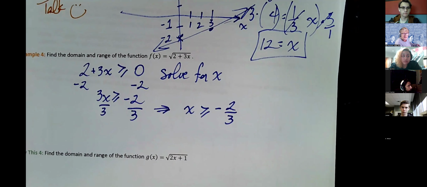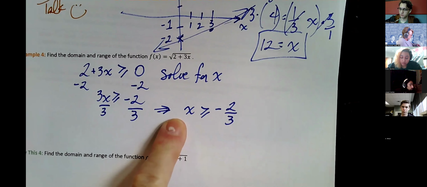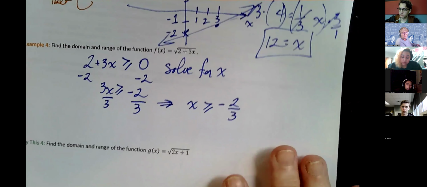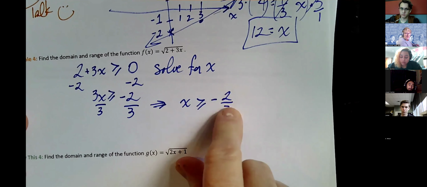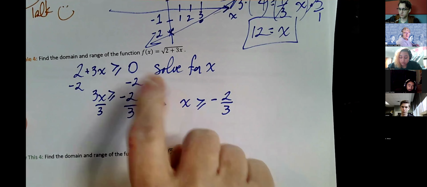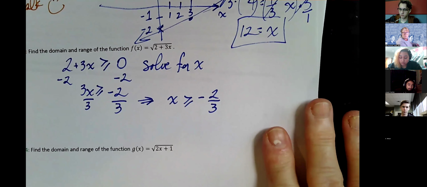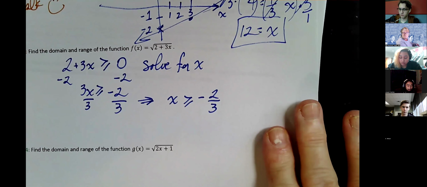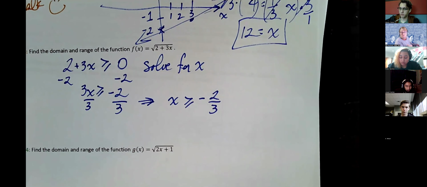Is -2/3 the lowest value or the highest value? Lowest. That's right, it is the lowest, because the opening is next to the x. x is bigger than any of those. And if we plug in an x bigger than -2/3, is the output going to get bigger or smaller?